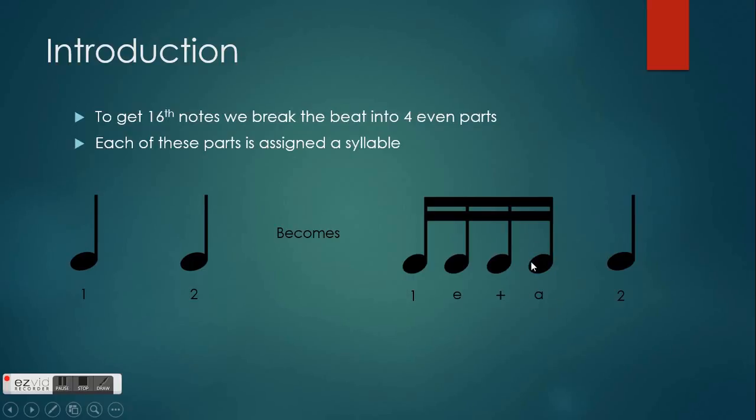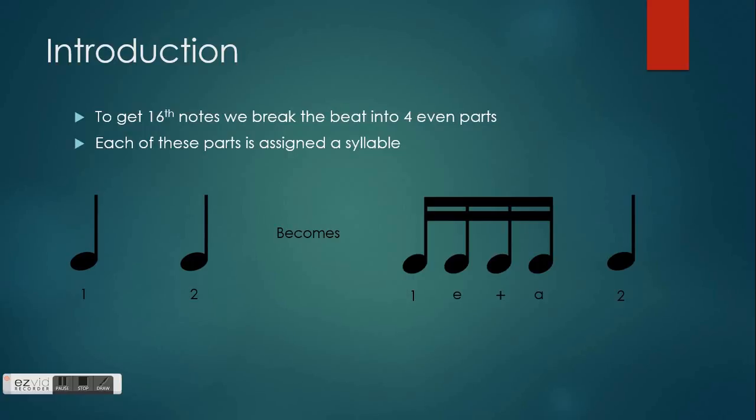Okay, so now I'm going to count out loud and clap the rhythm so you get a sense of how they work. I'm going to start with quarter notes. 1, 2, 3, 4. Now I'm going to do 8th notes.